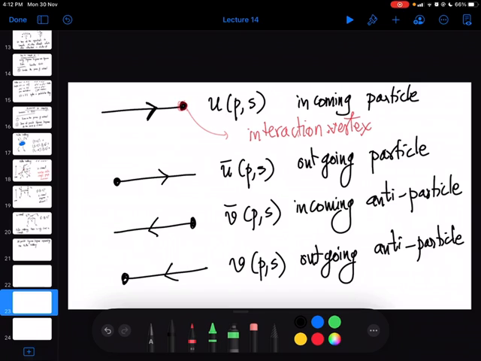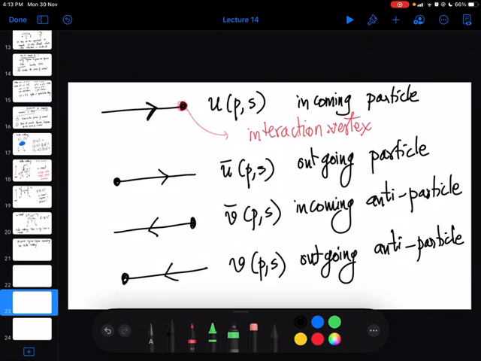Okay, so always start with the vertex, and anything which comes in which is a particle, you have u of p, s. If it is an antiparticle, you have v bar of p, s. So it has the opposite, meaning you multiply with v bar. Anything which goes out from the vertex, outgoing, it's u bar, and the antiparticle would be just v.